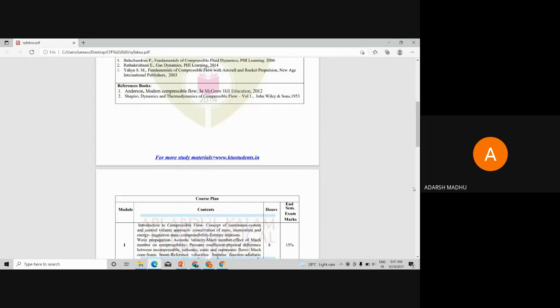Before that, you must know what compressible fluid flow is. What is meant by compressible fluid flow? A flow means a flow of matter, like a fluid. Note the point that every fluid is not a liquid.